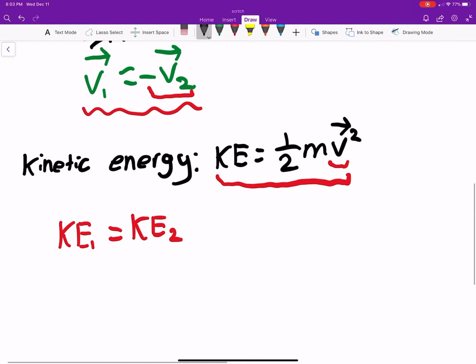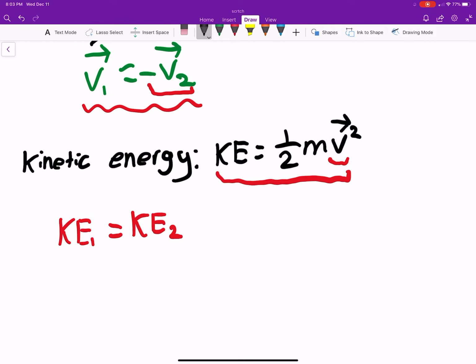So what that's saying is the kinetic energy 1 plus kinetic energy 2, the kinetic energy between the two atoms that split, is going to be equal to the 92.2.